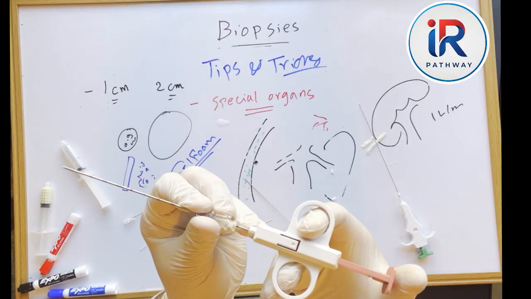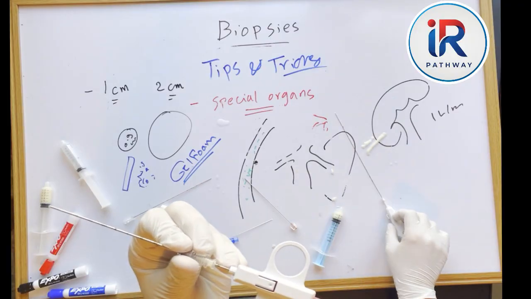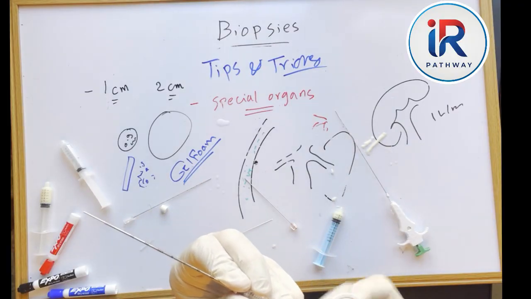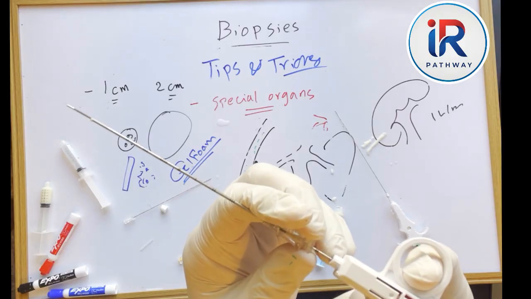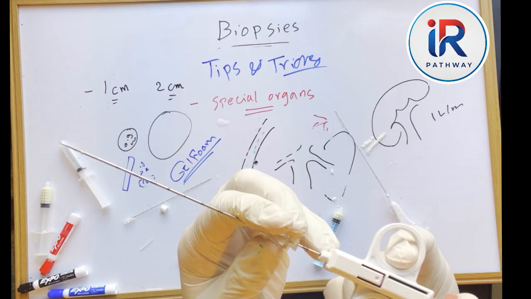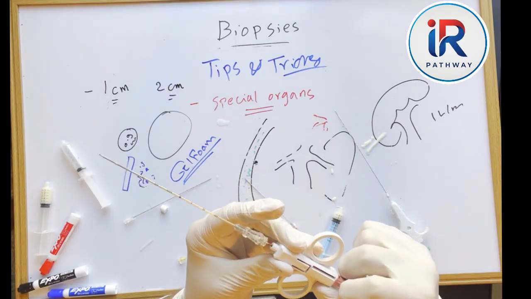So you are manually doing the job of the blue cap or this component, which does it for you. You maintain a 1 centimeter gap so that when fired, only 1 centimeter is exposed outside. This gives you a 1 centimeter biopsy while still using the 2 centimeter spring force.